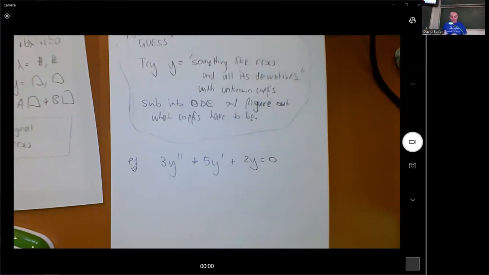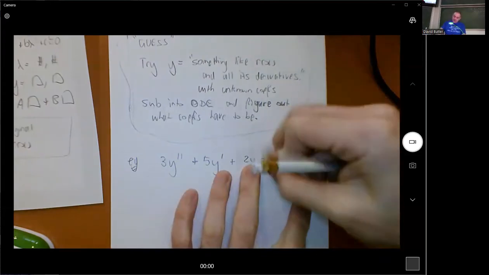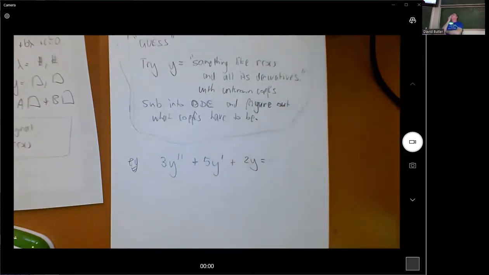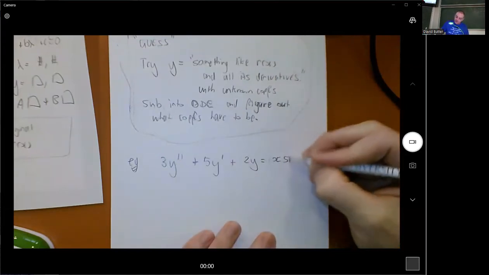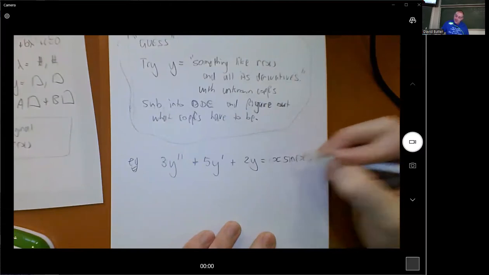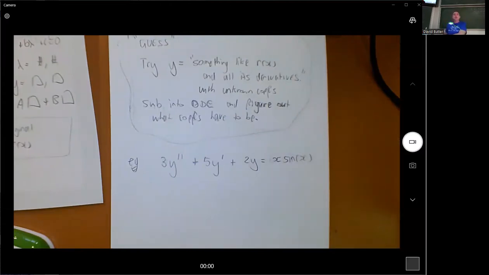Okay. And it's not going to be 0. It's going to be x sine x.